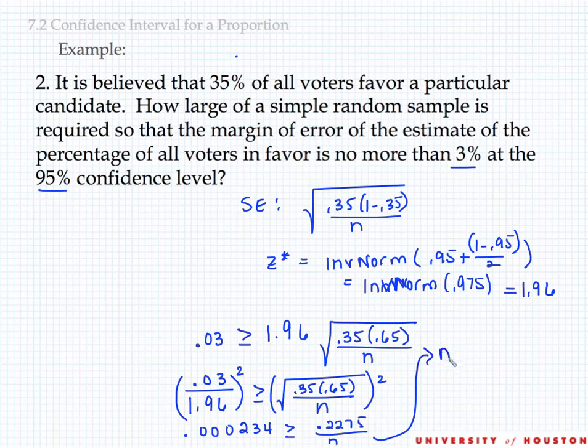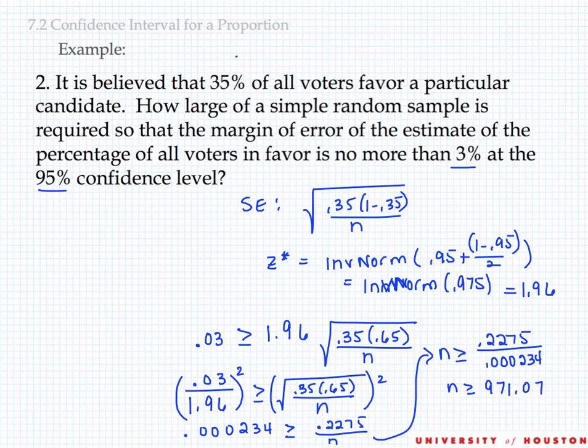When I cross multiply, I'll have that n has to be greater than or equal to 0.2275 divided by 0.000234.